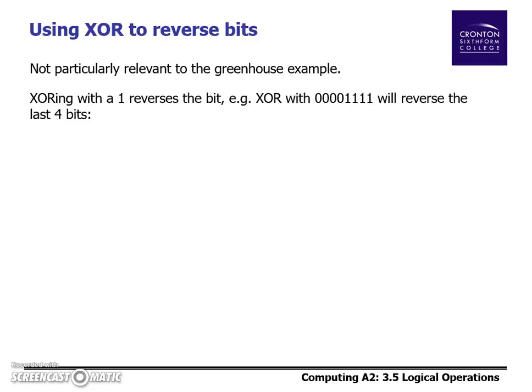Okay. So using XOR to reverse bits. It's not particularly relevant in the greenhouse example, but XORing with a 1 reverses the bits. So 0, 0, 0, 0, 1, 1, 1, 1 will reverse the last 4 bits.